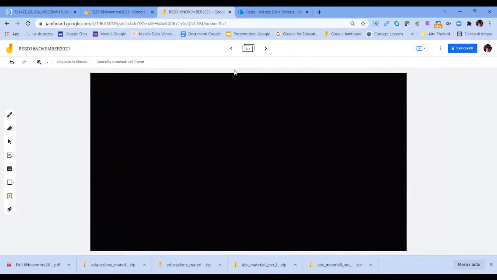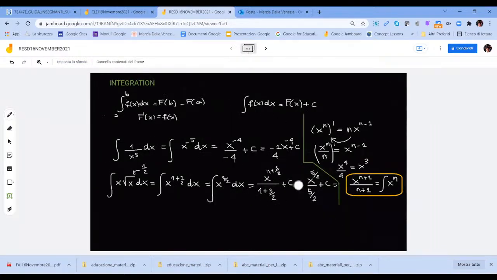No, I'm sorry, there is room enough to write. Dividing by 5/2 means multiplying by its inverse, 2/5. So this is the result.